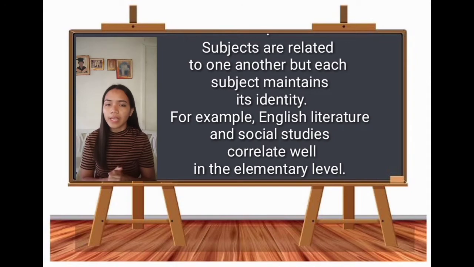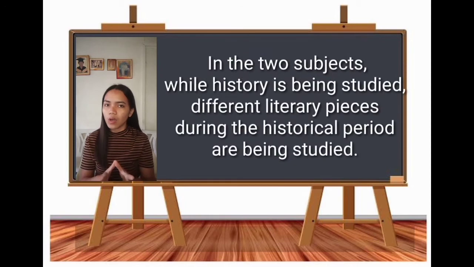For example, English literature and social studies correlate well at the elementary level. In the two subjects, while history is being studied, different literary pieces of the historical period are being studied.